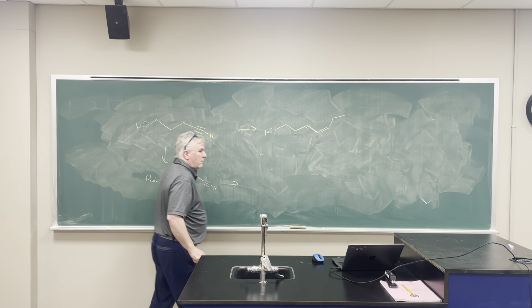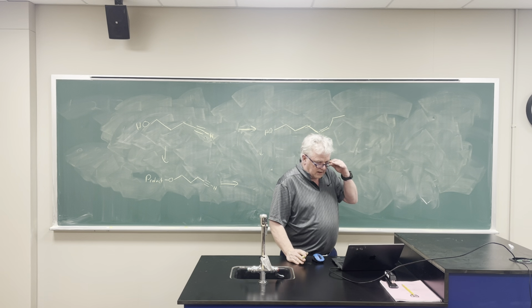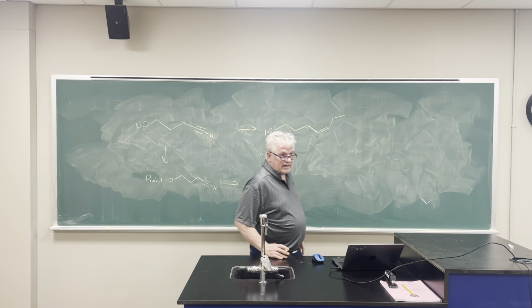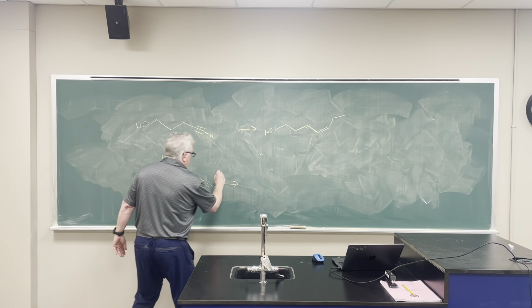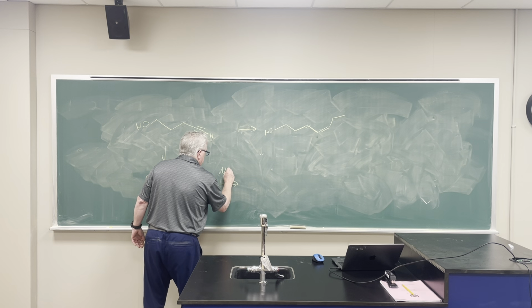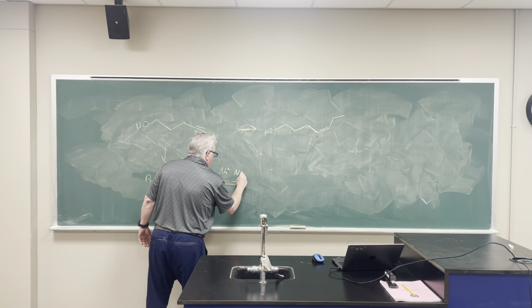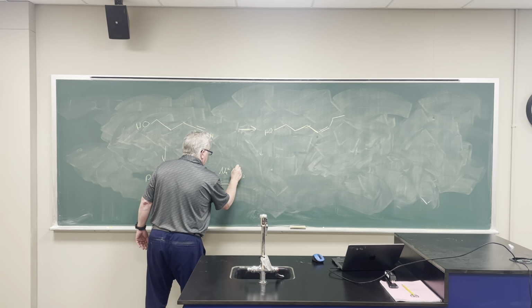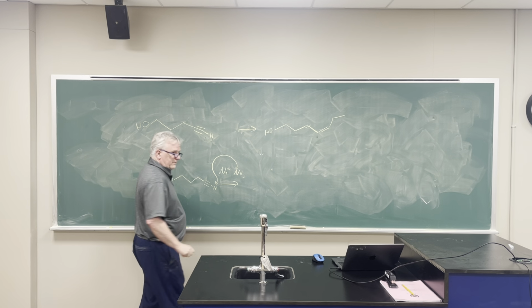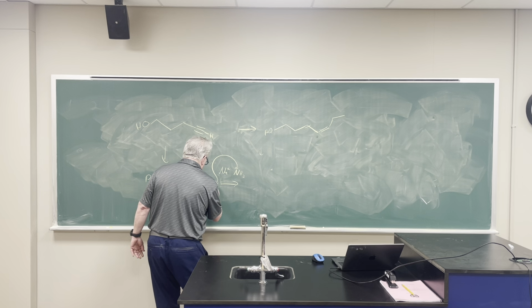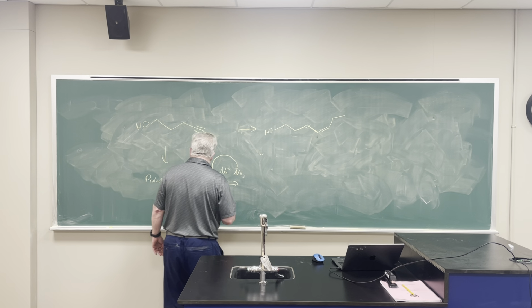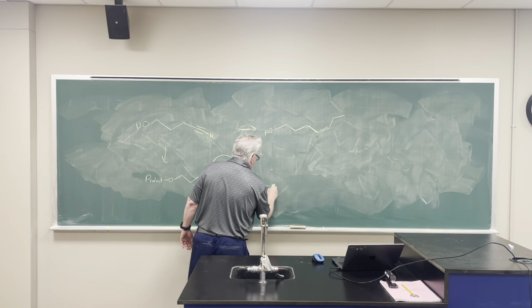Now we use a strong base, and what strong base did Dr. Jha use? He used NaNH2, so Na plus, NH2 minus, that's just gonna pull this thing off, make my anion. And then we use ethyl bromide.